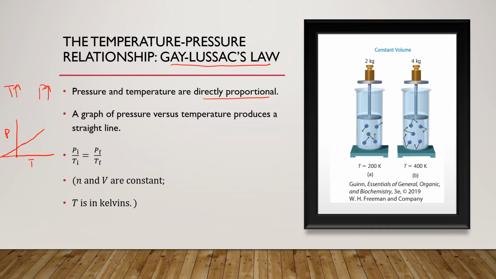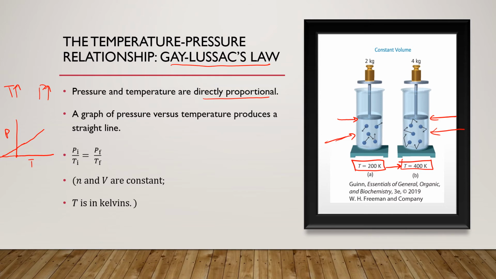Consider a fixed amount of gas in a barrel as shown in this figure. When the gas is heated from 200 Kelvin to 400 Kelvin while maintaining constant volume, the pressure inside the barrel increases as shown in this picture.